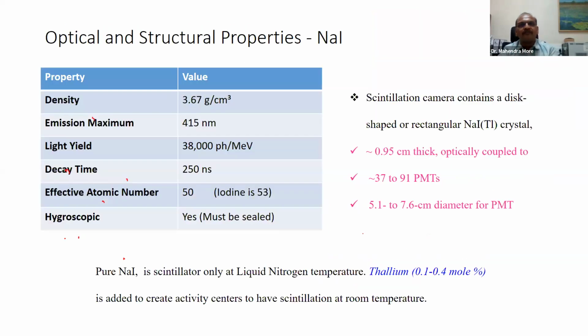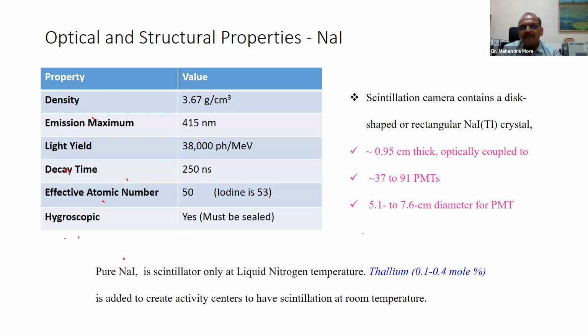The optical characteristics of the sodium iodide crystal: it has a density of around 3.67. It has a maximum emission at 415 nanometers. It has a light yield of around 38,000 per MeV. The decay time is very low, 250 nanoseconds. Effective atomic number is 50, and it is hygroscopic, so it must be sealed properly.